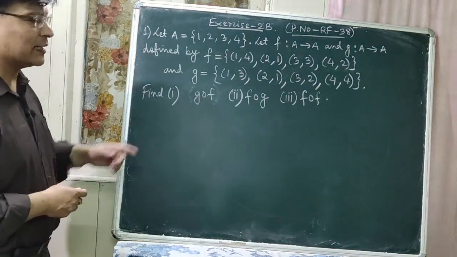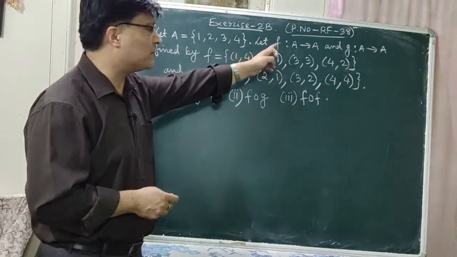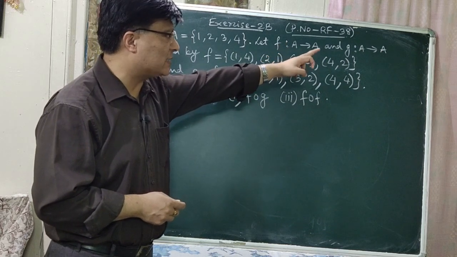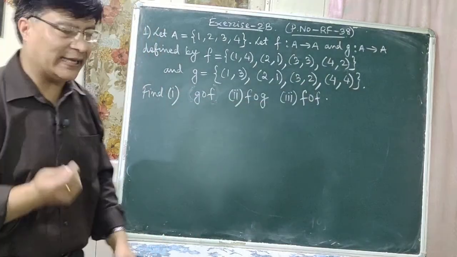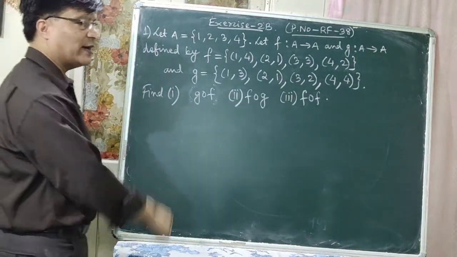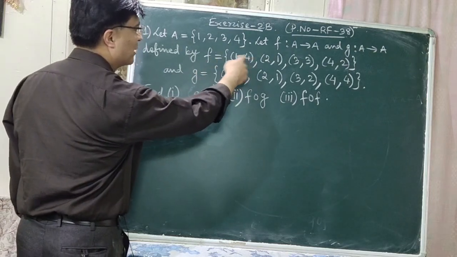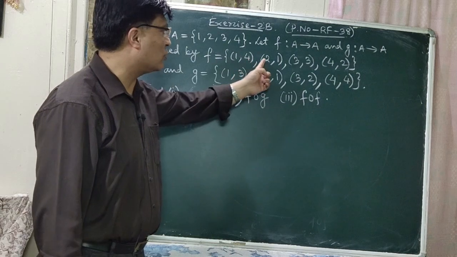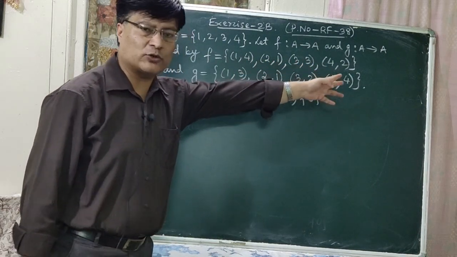Here it is given that set A is equal to {1, 2, 3, 4}, and f is a function from A to A and g is a function from A to A. Function f is defined as f = {(1, 4), (2, 1), (3, 3), (4, 2)}, that is 1 is related with 4, 2 is related with 1, 3 is related with 3, and 4 is related with 2.